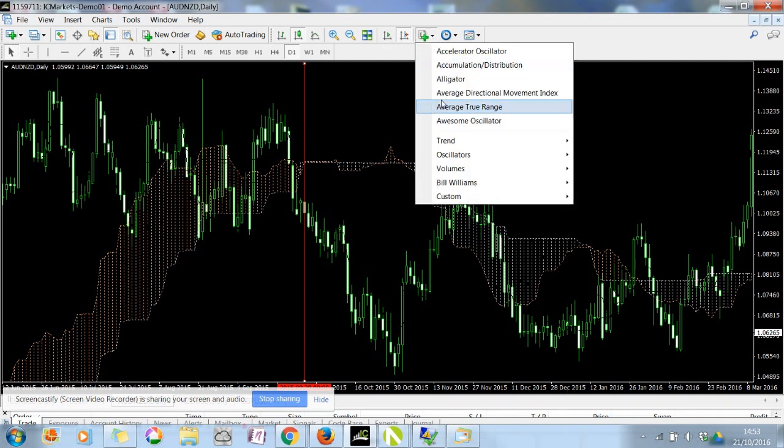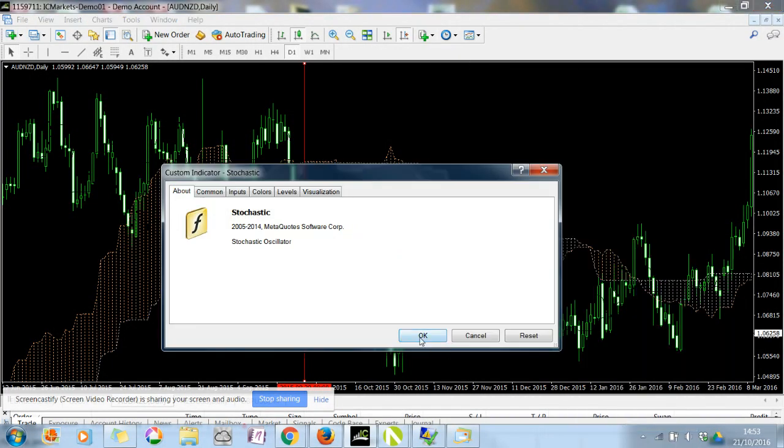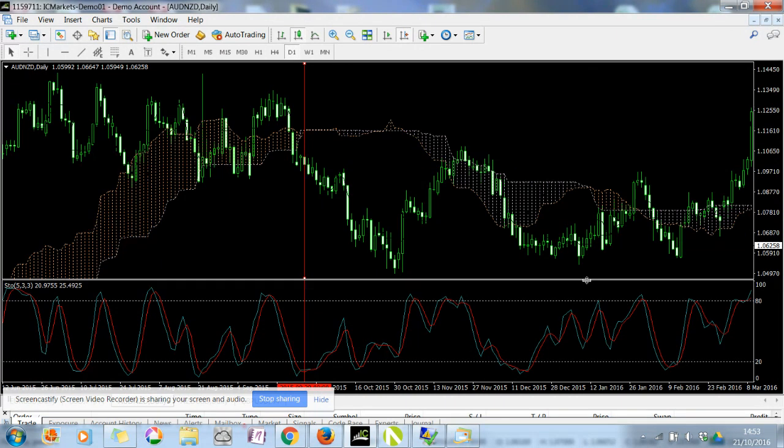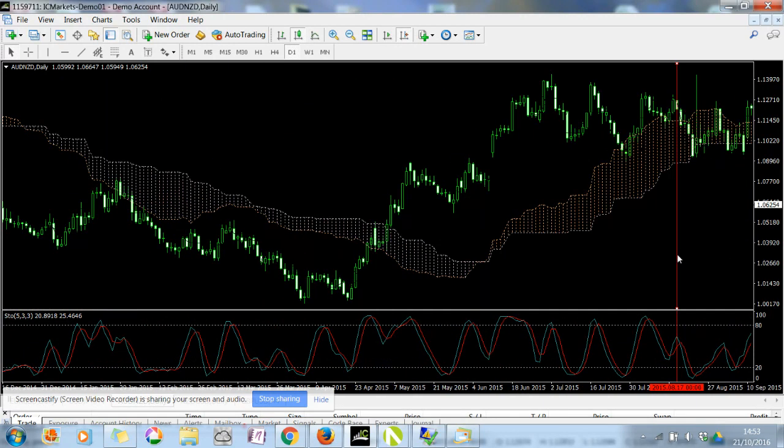Not a problem, because what you can do is you can put stochastics. Click on that, say yes. Stochastic at the bottom. Using the two together can give you quite a good heads up into what's going to happen. Now that's here where these two join.